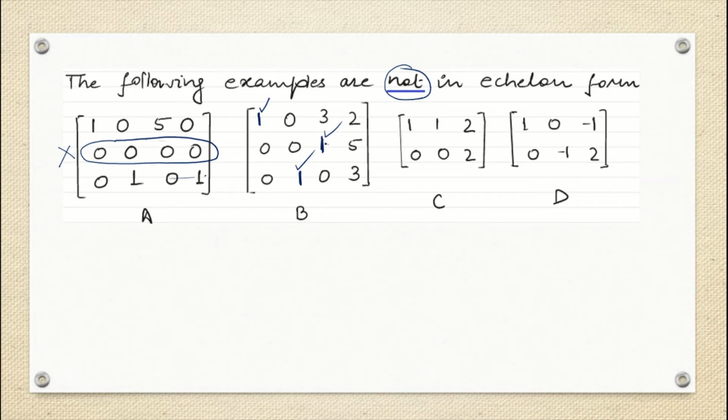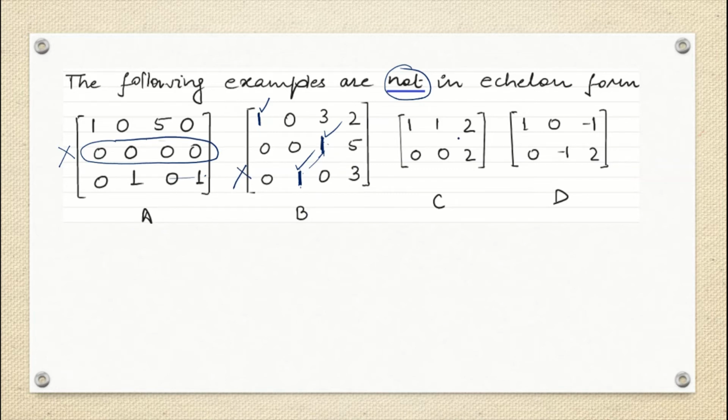But what about my third leading one? This third leading one is on the right-hand side of my first leading one, but it is not on the right-hand side of my second leading one. So this criterion does not get satisfied. So we'll say that this matrix is not in echelon form.